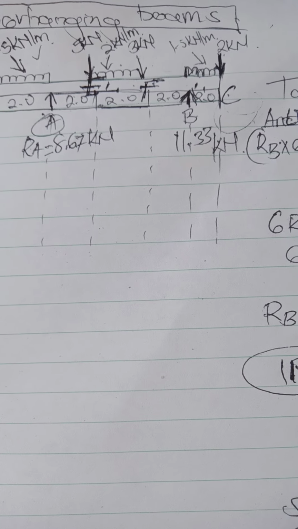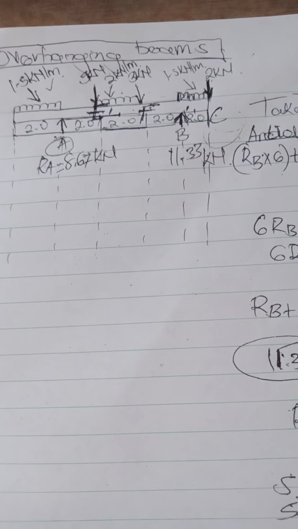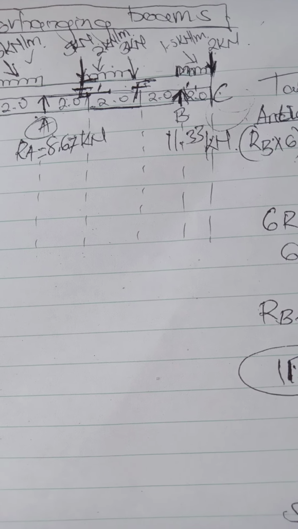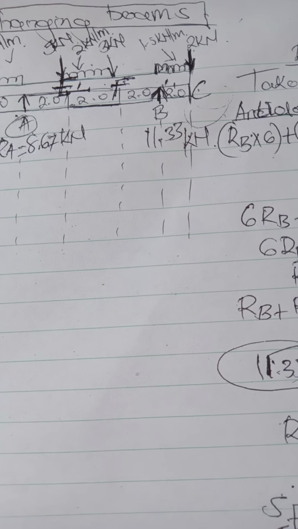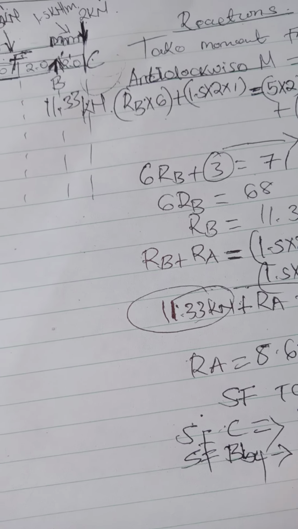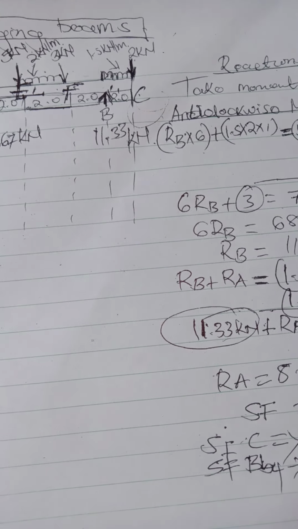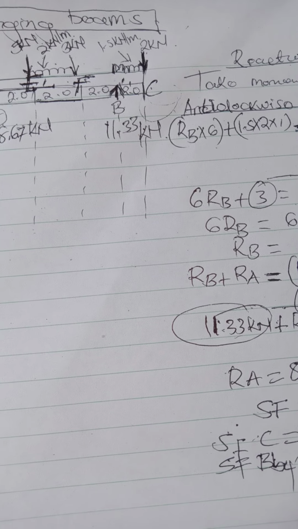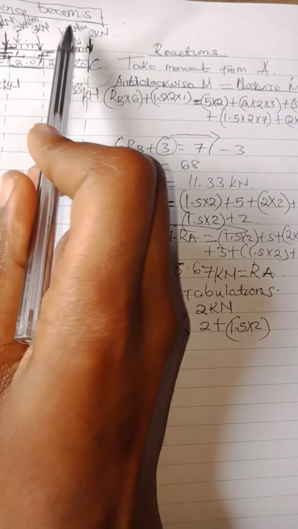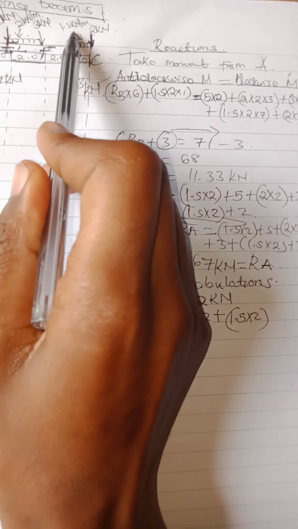So the shear force at or before B will be equivalent to 2 kilonewtons plus 1.5 times the 2, 1.5 because of UDL multiplied by 2, and then we have to add the other 2, of which both will be positive.